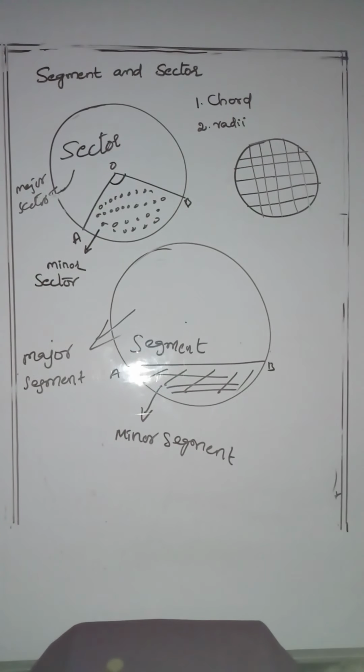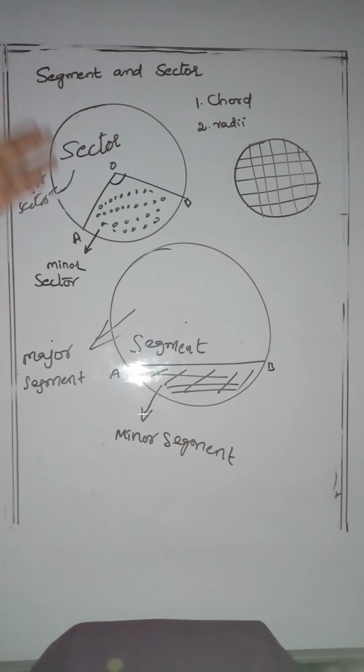The two parts which play a key role here are the segment and the sector. A segment is the region enclosed by the chord. A sector is the region enclosed with an angle with the radii.